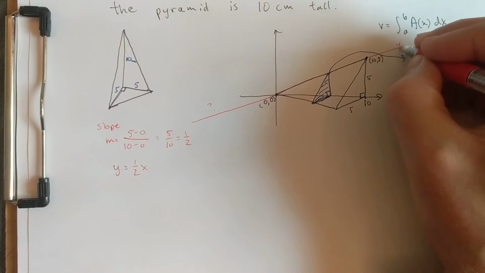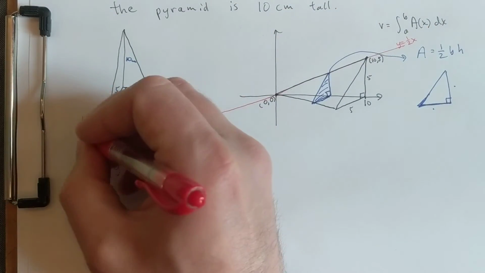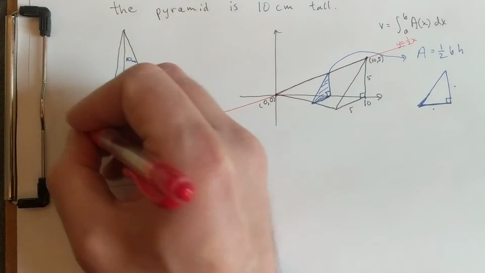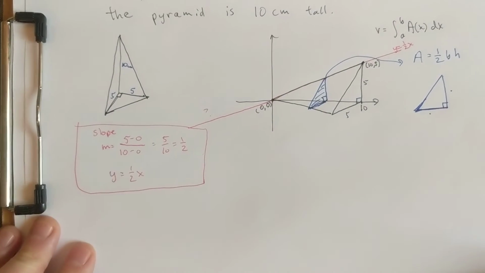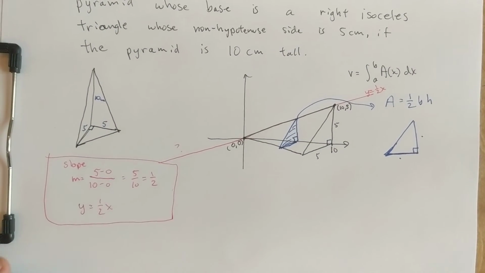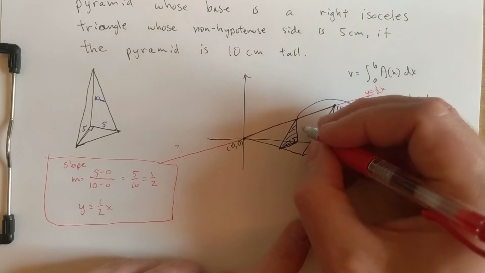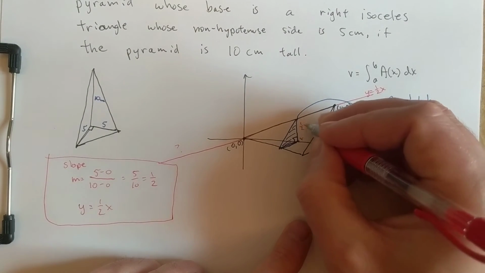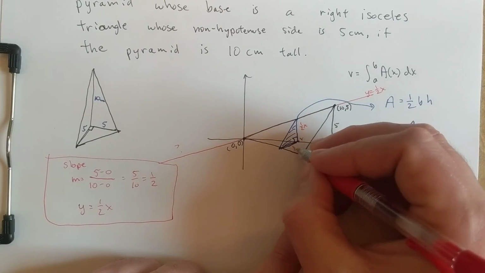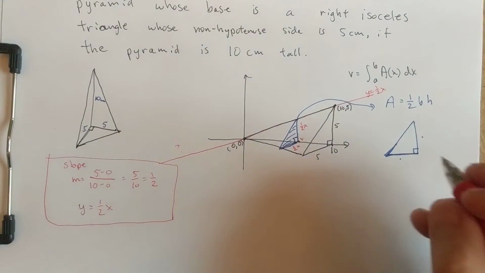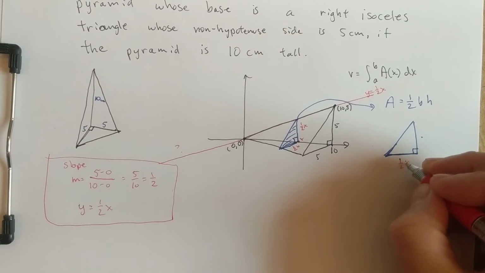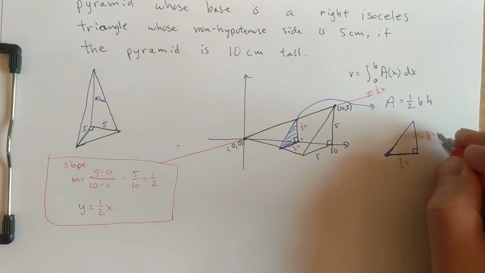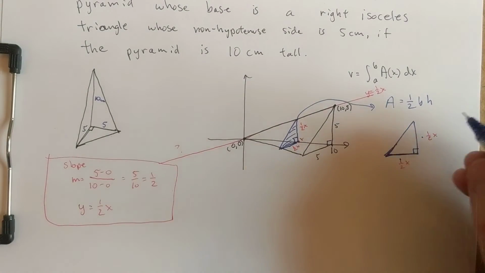And so this is what we're going to use for the height of the triangle, because notice at each value of x, to get up to that line, we have to go 1/2 x. So that's telling us that both the base and the height are 1/2 x at every value of x, because it's an isosceles triangle.